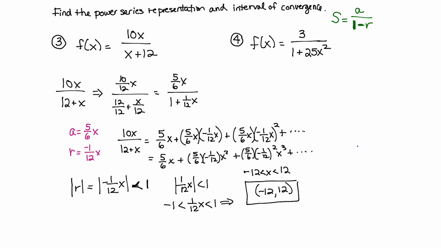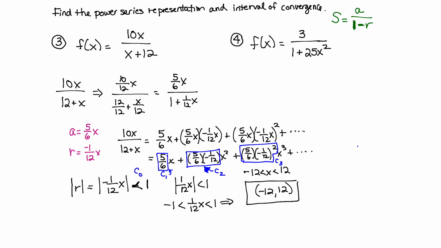In your homework, this piece becomes the third coefficient, which corresponds to x to the third. This piece becomes your second coefficient, corresponding to x squared. And this one is C1, the first coefficient, which corresponds to x to the first.